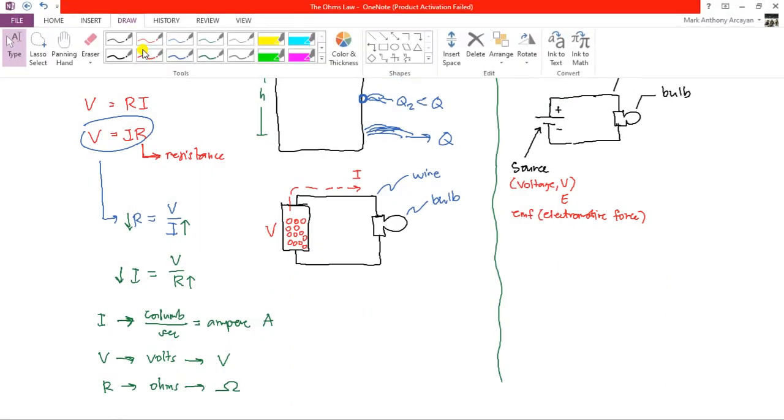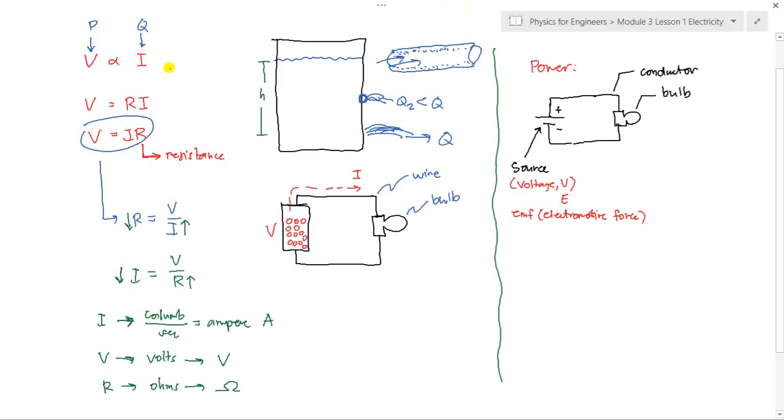And another term for voltage is, are you familiar with potential difference? Potential difference.